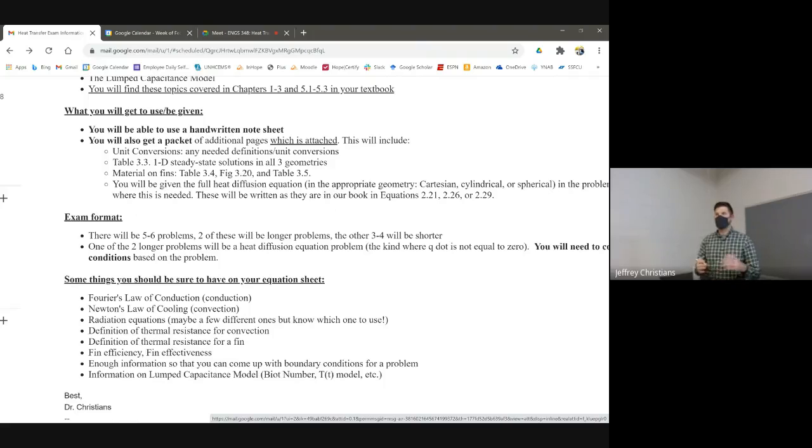So a lot of this is practice: how do we handle all of these different things. So rather than just using your sheet for writing down all the equations, I want you to be putting context: how do I use different things? When should I use one or the other? Things like that.